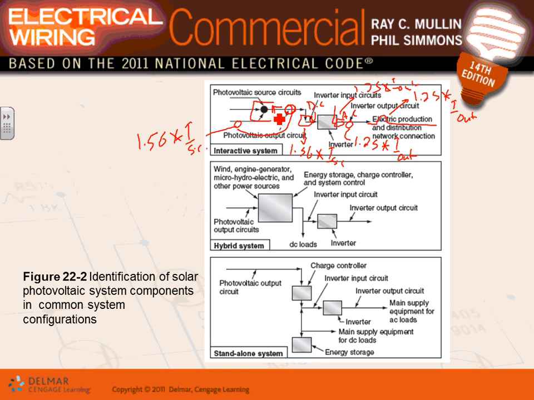If you have a fuse here, which typically they have, they size the fuse 1.56 times I short circuit of the modules. So on the DC side, when they size, they multiply 1.56. On the AC side, when they size things, they multiply by 1.25. For disconnects, for fuses, as well as for overcurrent protection devices, as well as conductors. Any comments, guys? Any questions?